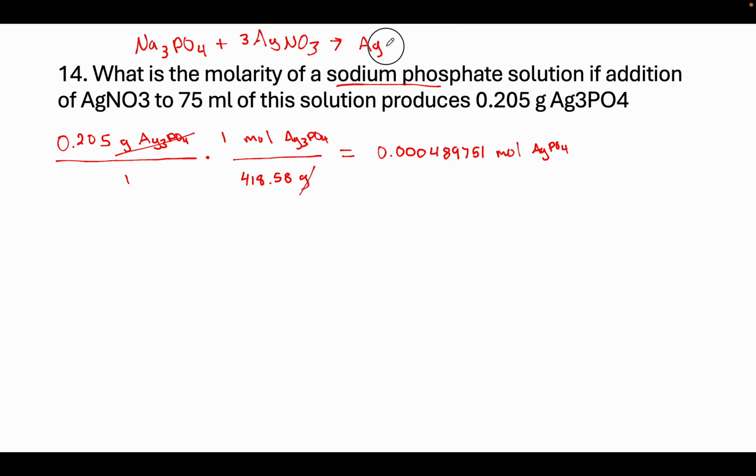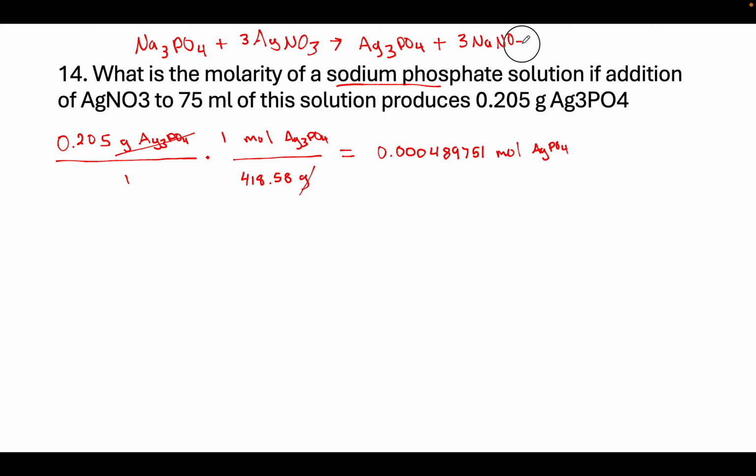Why'd you put that 3? It's because we needed to balance. So 3 Ag, and then here I also have 3 Ag, or 3 silvers. Ag is silver, I hope. And then 3 sodium nitrate, 3 NaNO3.